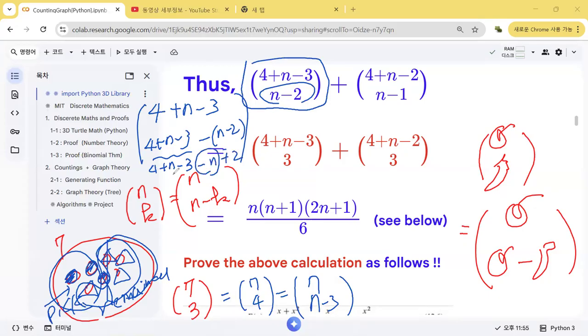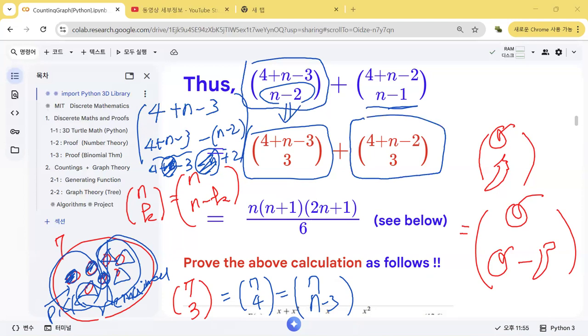So this one and this one are cancelled out, and then 4 minus 3 is just 1. So this value is very simplified as this one. By the same reason, this value can be simplified as this.